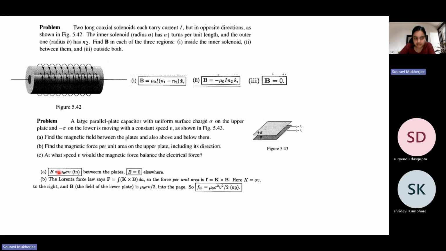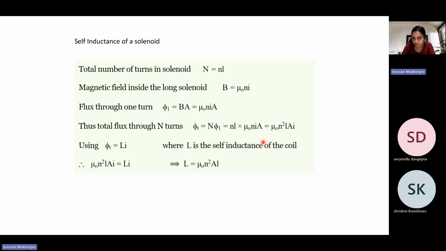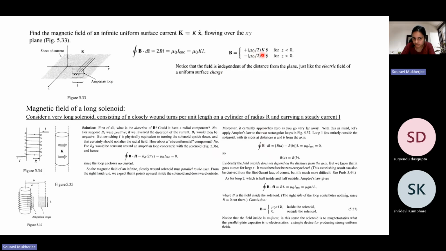And it's analogous to the capacitor question from when we did electrostatics. So here, the field in between will be mu naught times K, while outside it will be 0. How are we getting to this point? If we go back to this question, for one such surface we know the field above and below. For another surface with the opposite current, the directions will be reversed.